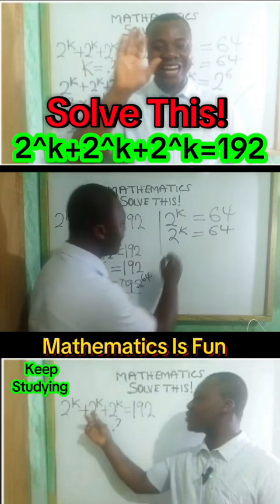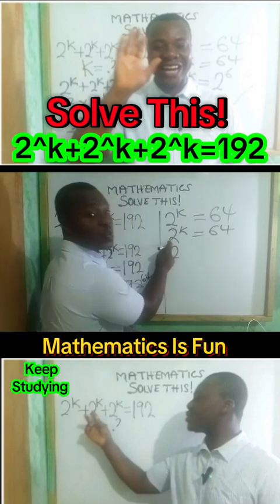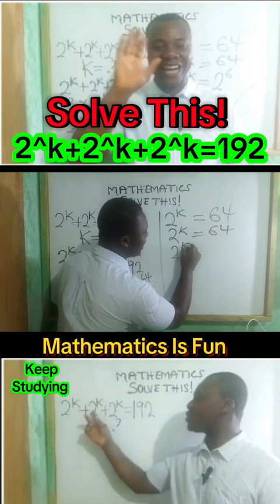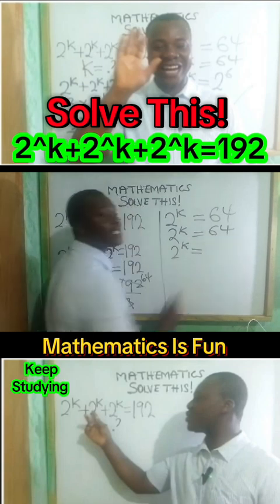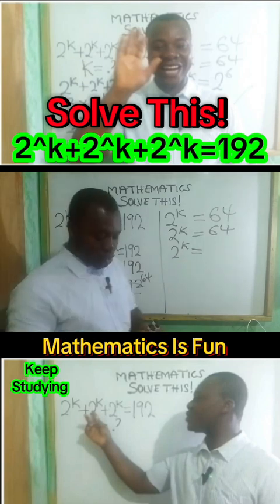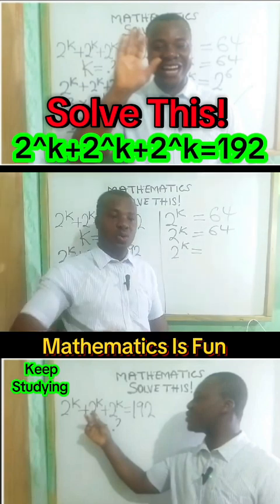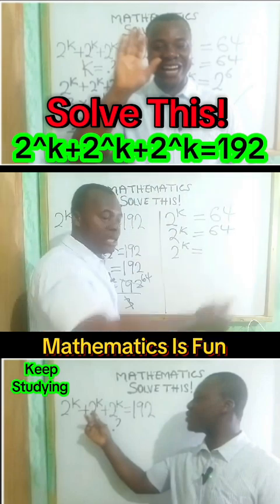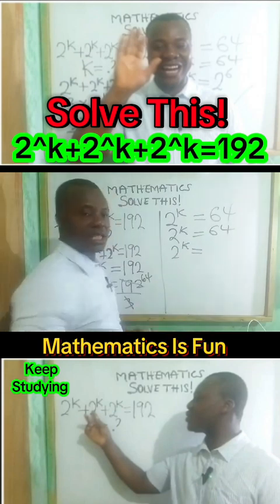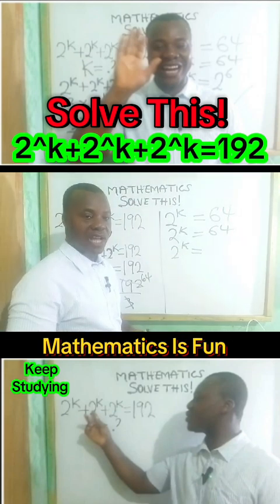So what do we do here? We already have base 2 here: 2 raised to the power k equal to. For this 64, we multiply 2 by the same 2 up to the number that gives 64.